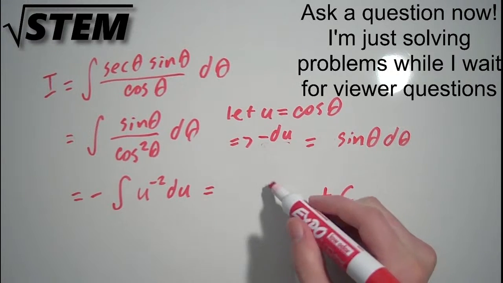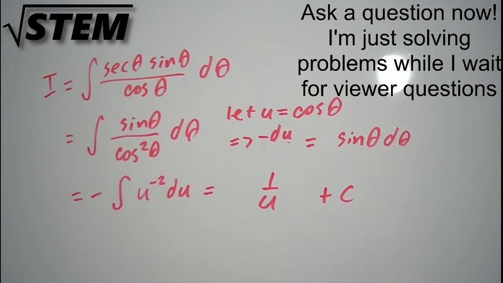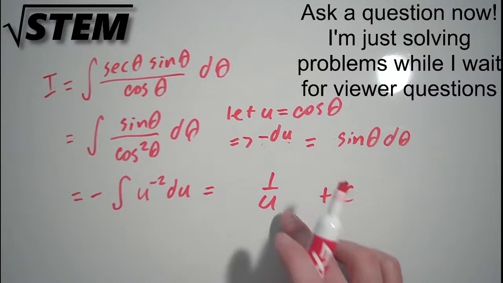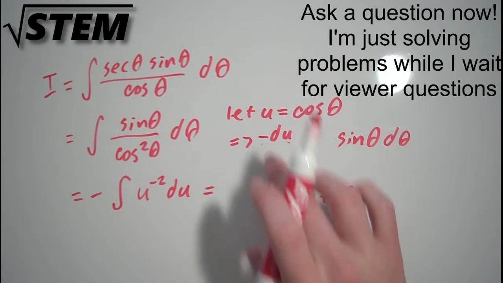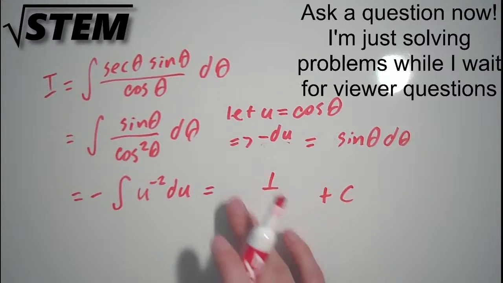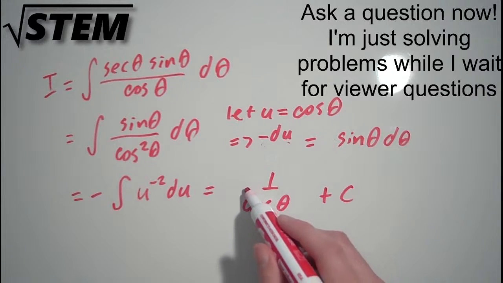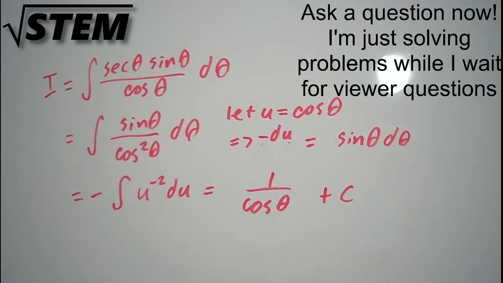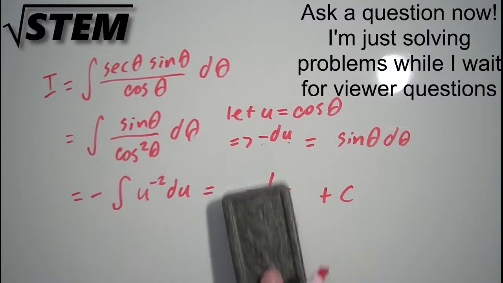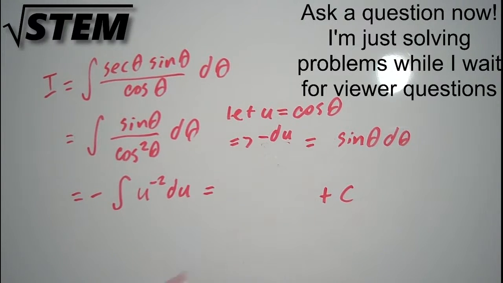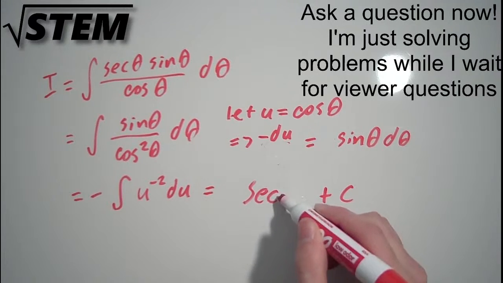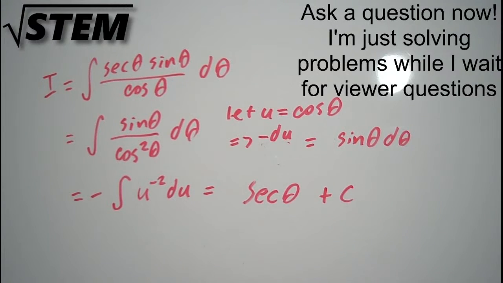And u to the negative 1 is just 1 over u. So let's replace u with cosine, what we set it equal to earlier. And then one last simplification. We already said earlier that secant is 1 over cosine. So this is, in fact, just secant.